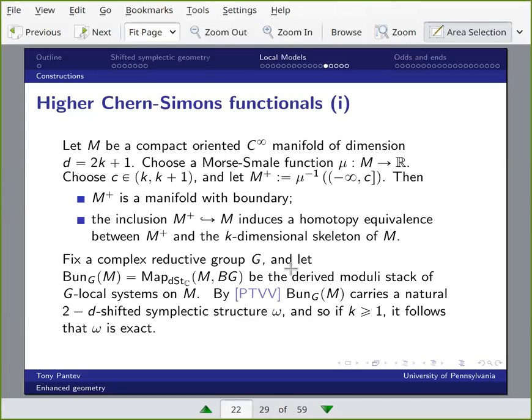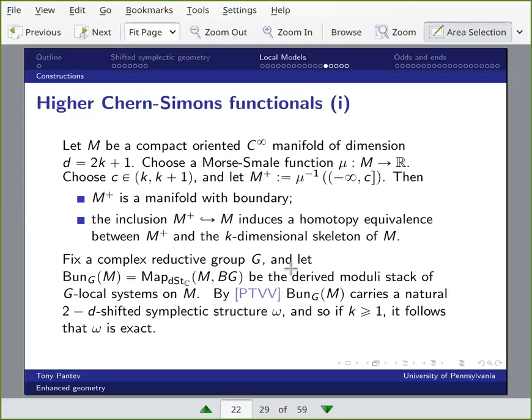Now take a complex reductive group G, and you look at G-local systems on the manifold M. So locally constant principal G-bundles on M. So this thing is an algebraic moduli space. You can write it as an affine algebraic variety, but you can also understand it as a derived algebraic stack, parameterizing these locally constant principal G-bundles on the manifold M. And it's a mapping stack from M to BG because M is oriented.